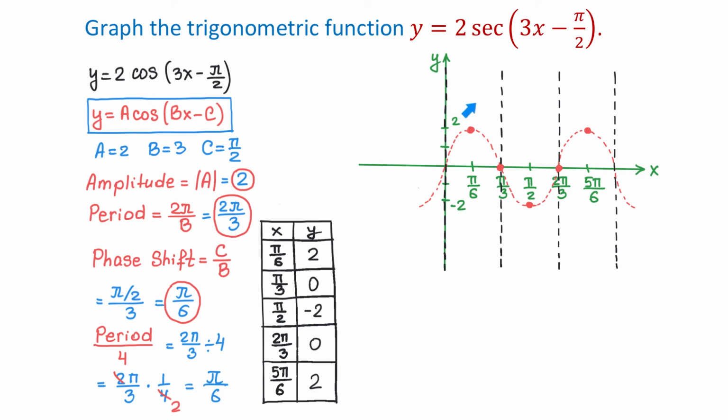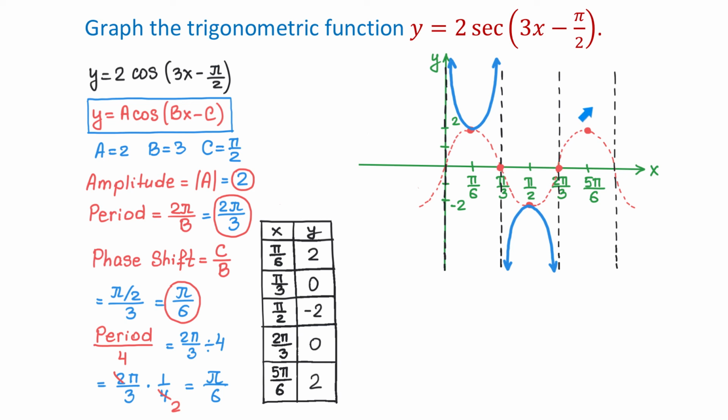So between these two asymptotes, the secant function will pass through this point and then to the left will go up approaching the left asymptote and to the right will go up approaching the right asymptote. And as you see here, it forms a U shape. Now between these two asymptotes, the secant function will pass through this point and will go down to the left and down to the right.